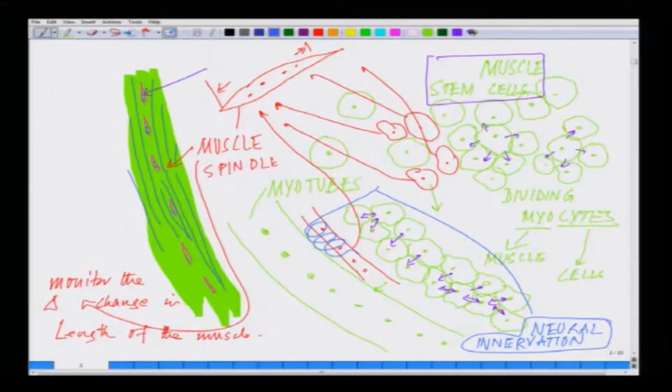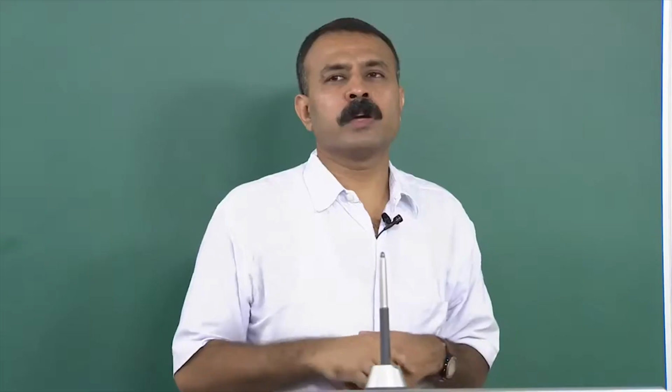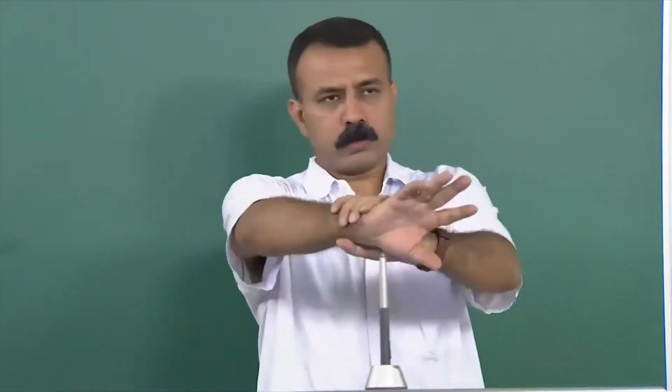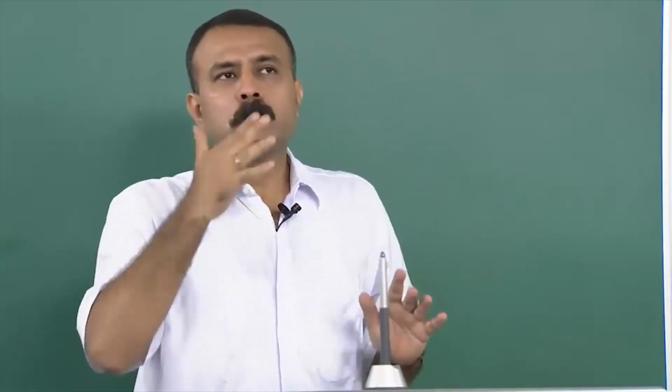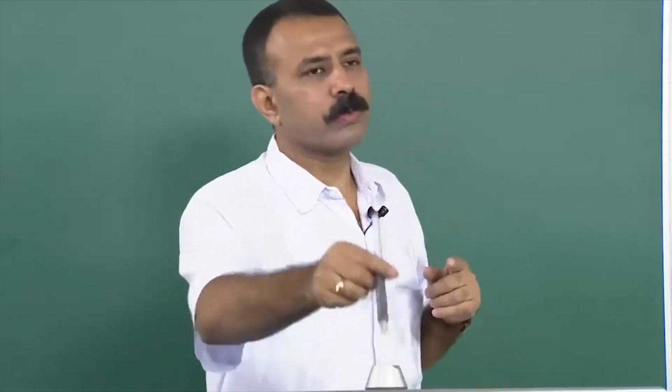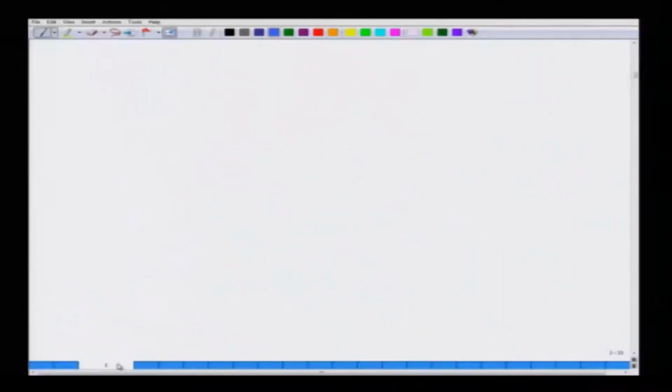They are embedded, and the proportion of these muscle spindles is far less as compared to the muscle. There is another classification on this. That classification is essentially called muscle type, or myotube type.